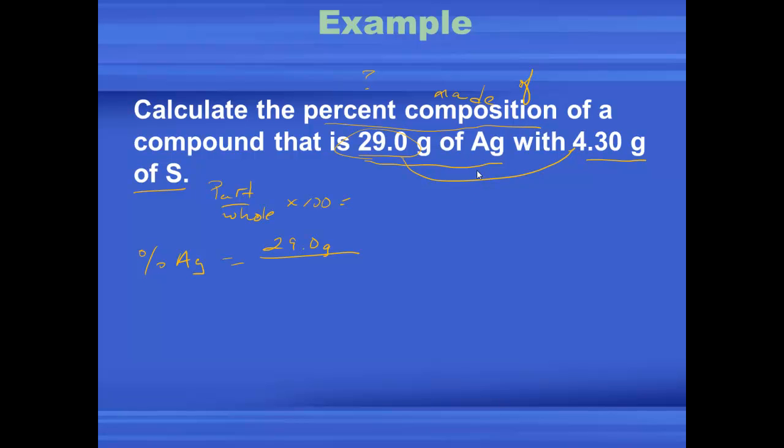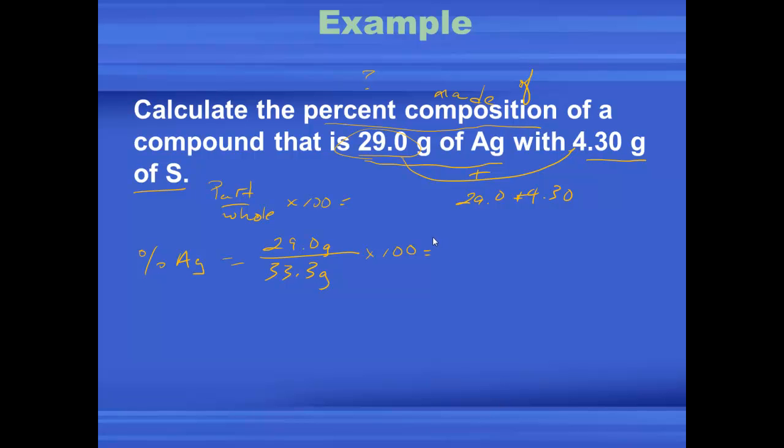So I need to do 29.0 plus 4.30. So this is where the calculator comes into play. So 29.0 plus 4.3, and that gives me 33.3 grams. So my total mass of the compound is 33.3 grams, and multiply it by 100.